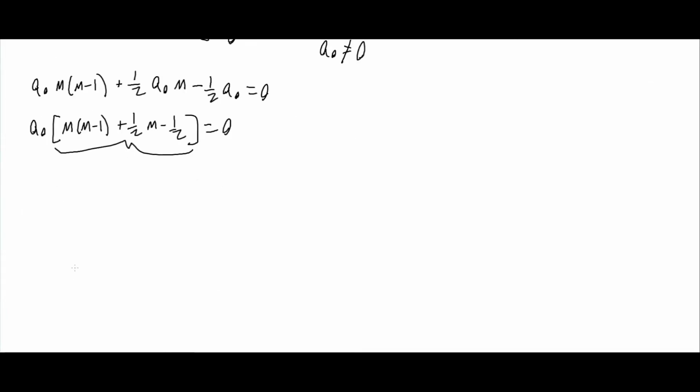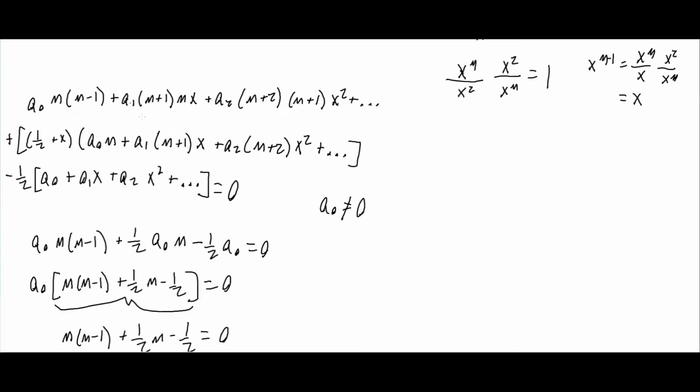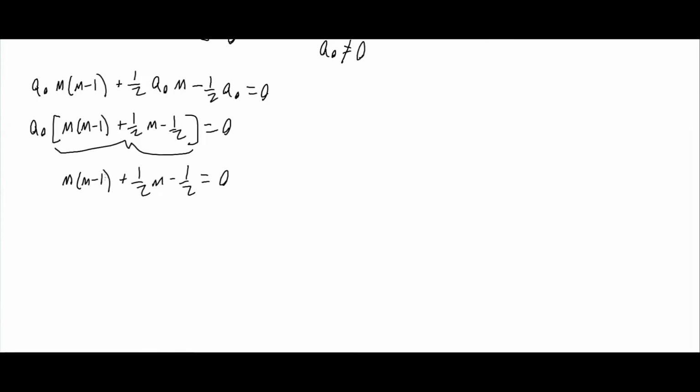So we can just focus in on that, and we end up with m times m minus 1 plus 1/2 m minus 1/2 equals 0. And we can do the same thing for the other powers of x. So we can go through and just combine all the other powers of x.